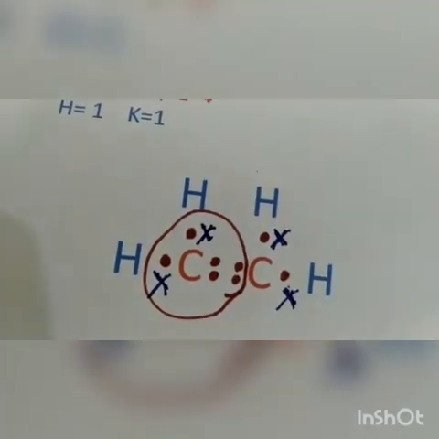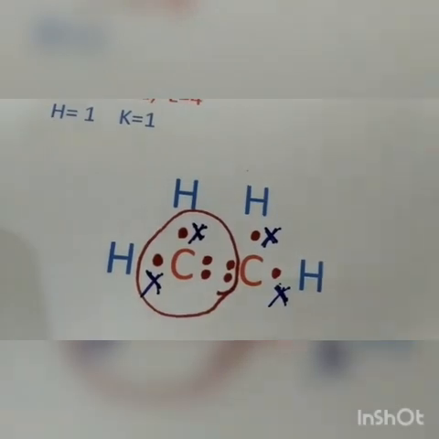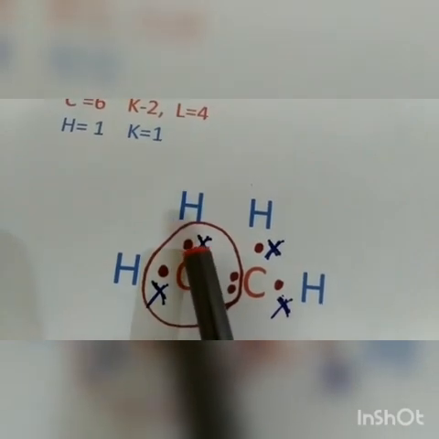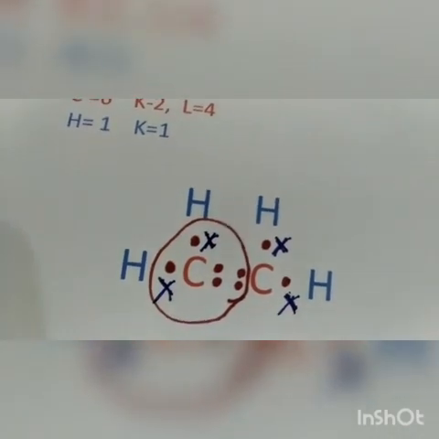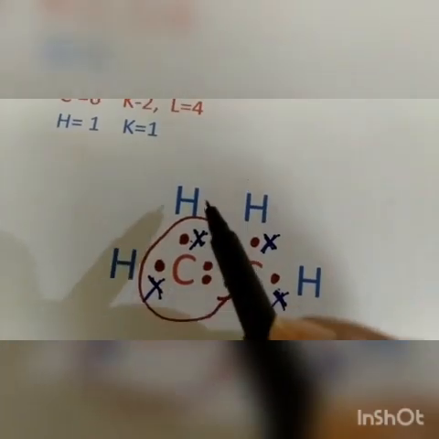Okay. Now let us take the case of hydrogen. Now this hydrogen needs 1 more electron. So this carbon 1 will share this electron with this hydrogen. You can see here.